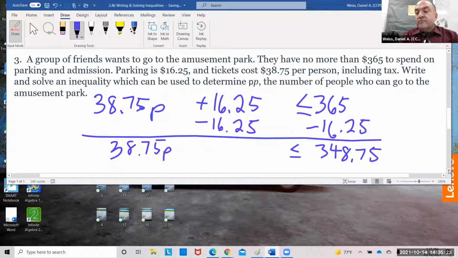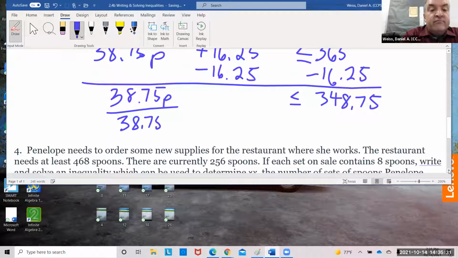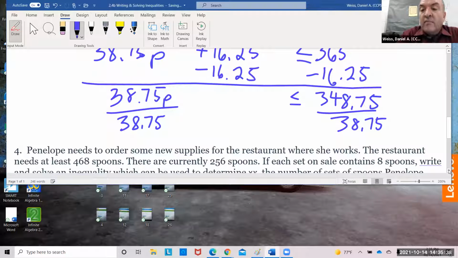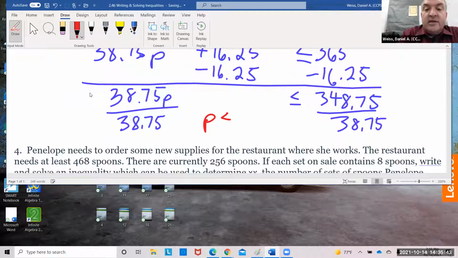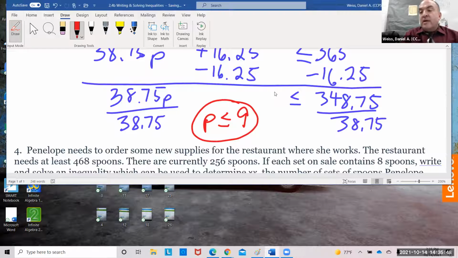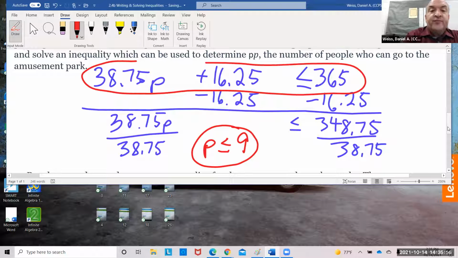You're going to divide both sides by 38.75, and then you will get P less than or equal to 9 people. That's the answer. And of course, don't forget, this is the setup. You'll need both of those.